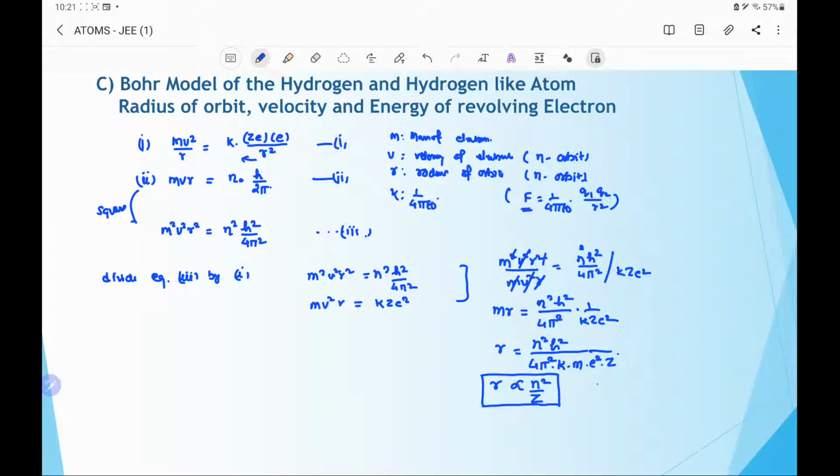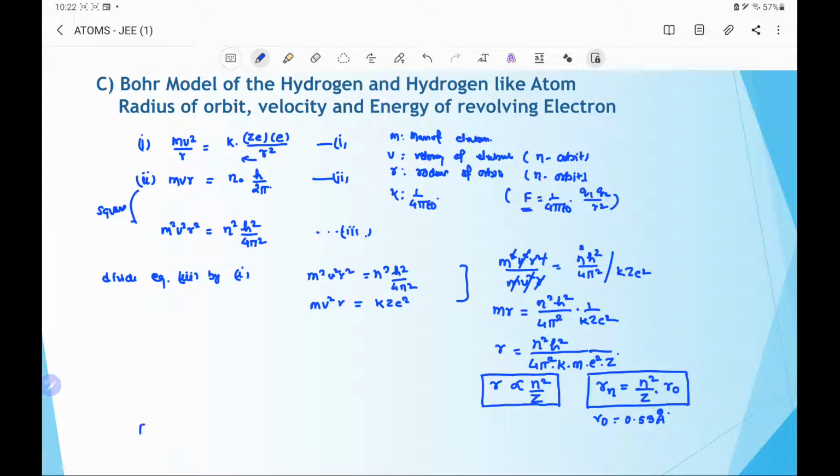We can also write r, the radius of the nth orbit, as equal to n square by Z into the Bohr radius r0, where r0 is equal to 0.53 angstrom.